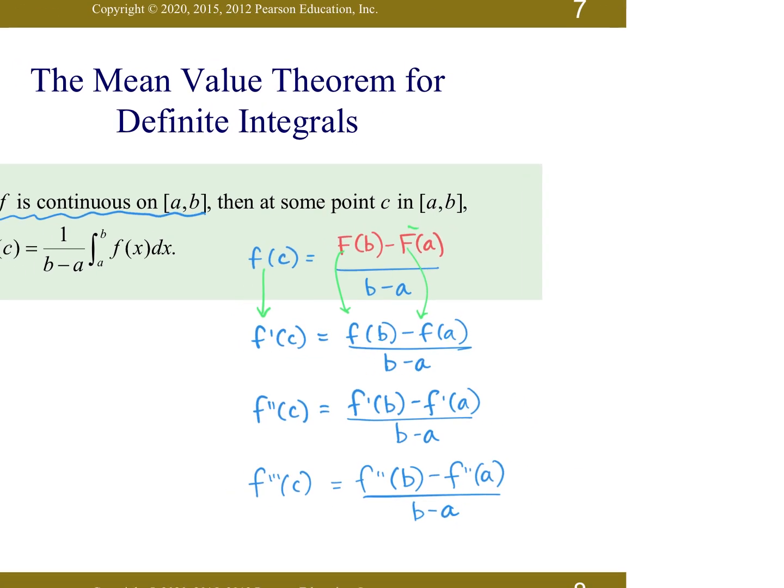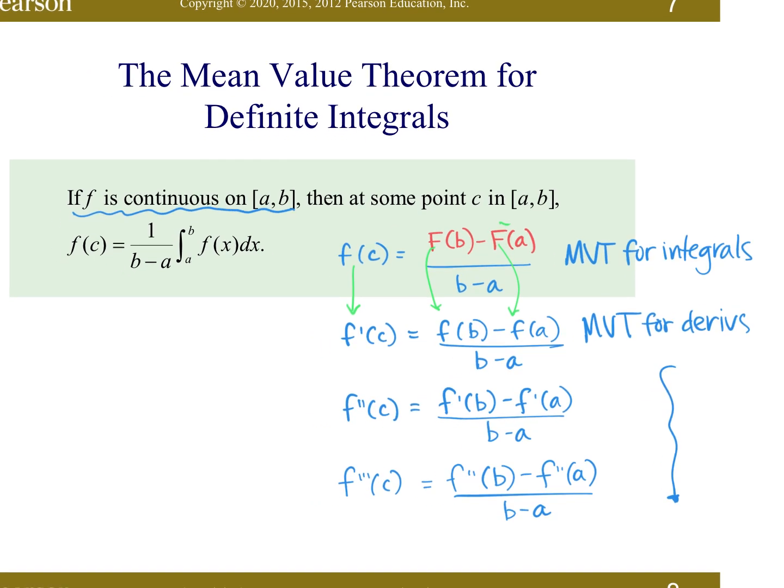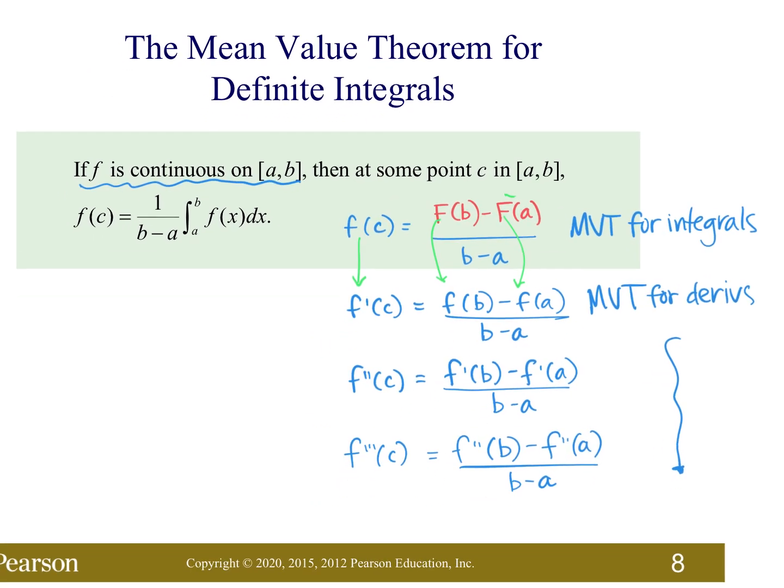So this one is the mean value theorem for integrals. This is the mean value theorem for derivatives, as are all the other ones. You will be told, it has to do with differentiability.